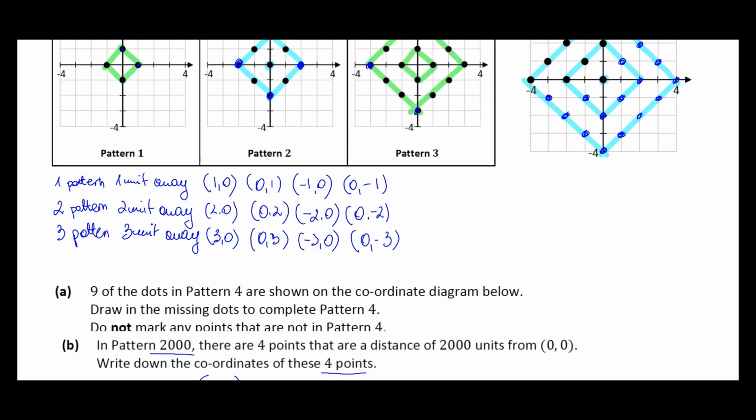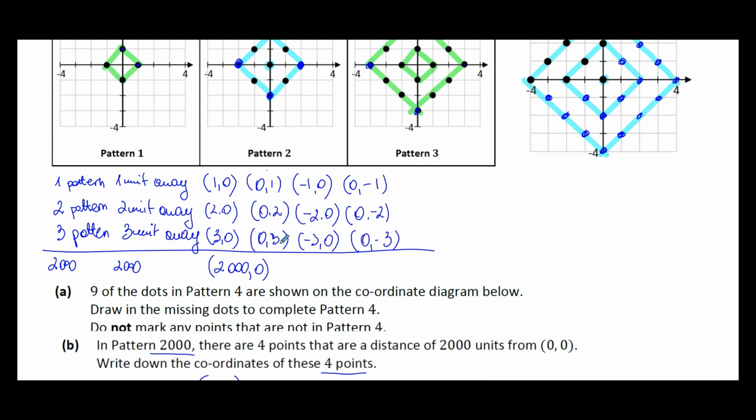So that means if I am following this logic, following the same idea, and I replace that with pattern 2000, 2000 units away, well, that means that the coordinates will be what? If it is pattern 3, 3 units away, and I have 3 and 0, therefore 2000 and 0.